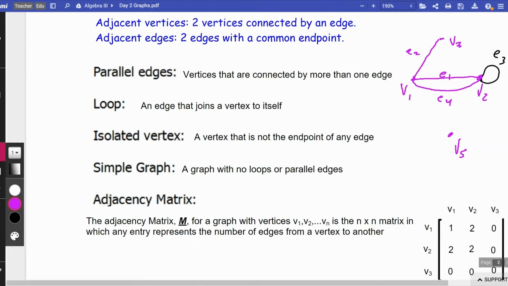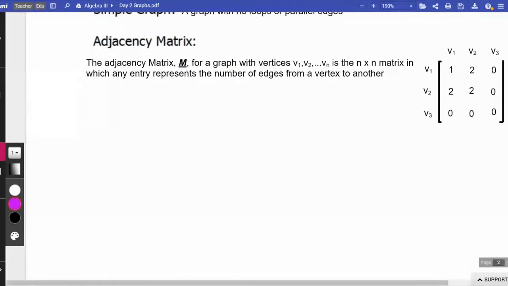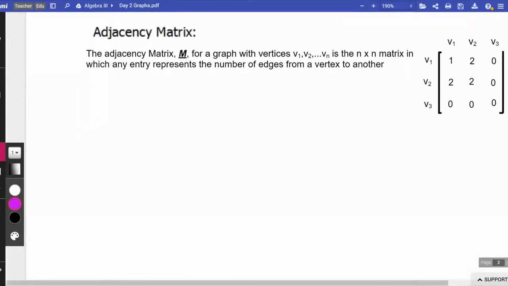So we could draw this given our adjacency matrix. We have vertex 1. You can draw these wherever you want. Let's say this is vertex 2, and this is vertex 3. Then you see that vertex 1 goes to itself one time.